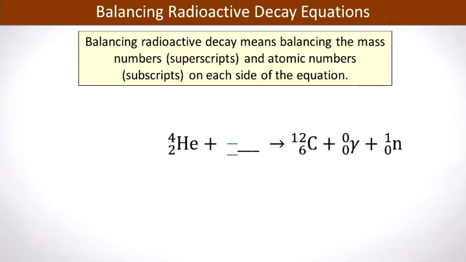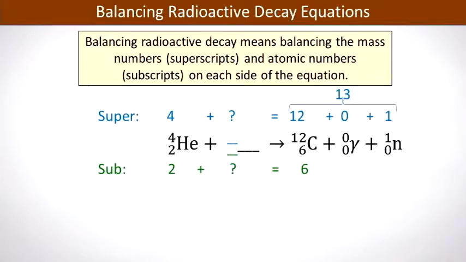In this example, we start with an unknown atom, an unknown element that has reacted with an alpha particle. To discover the unknown element, we add the superscripts, and we note that there are 13 on the right side of the equation, and there are only 4 on the left.